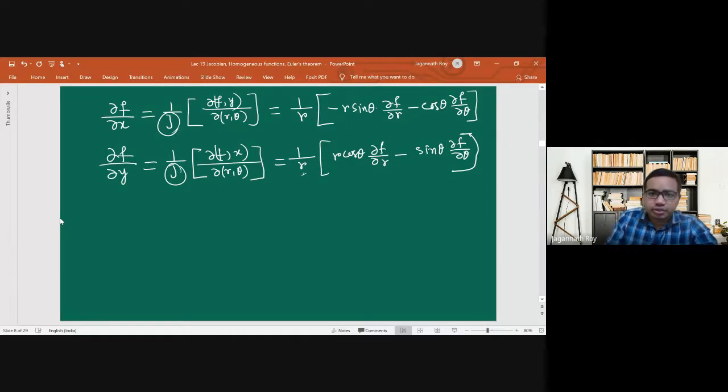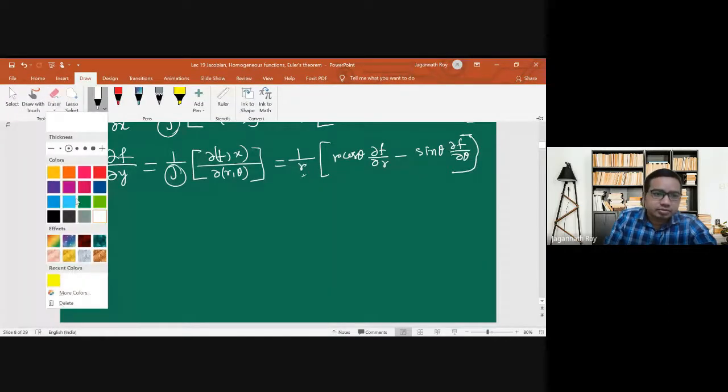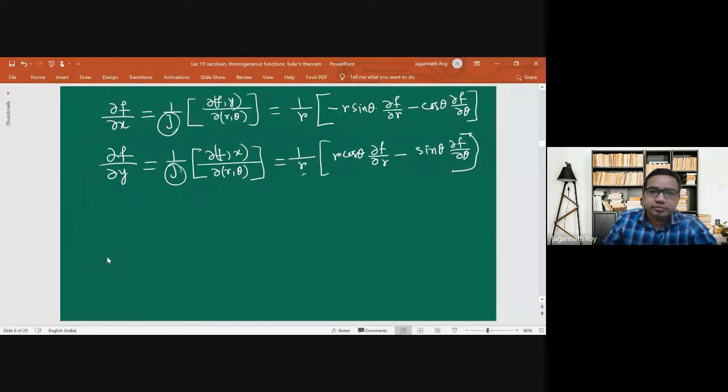So if we do the simplification, this r and r will get cancelled. Just multiply this r, and r will get cancelled.